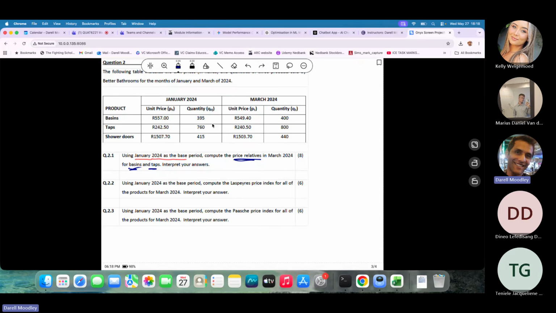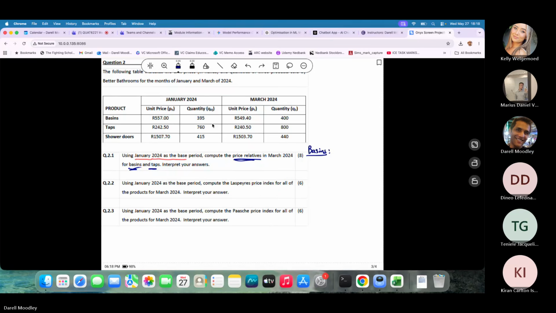Let's do basins first. All we need to do is compare the latest period, which is March, to the older period, which is January, and that's the base period. So we want the price in March, which is P1, divided by P0, and we multiply that by 100%, so we convert that to a percent.